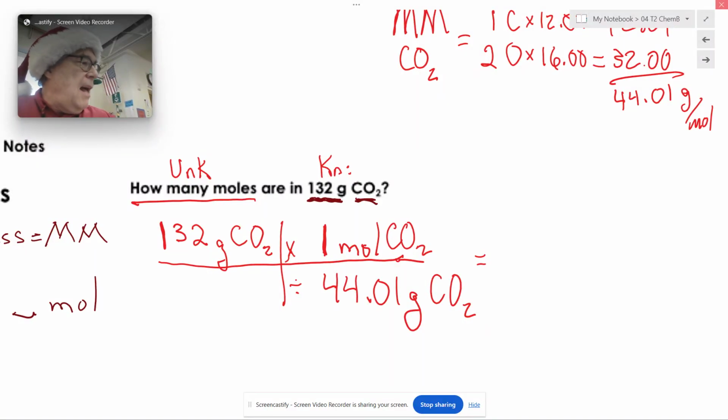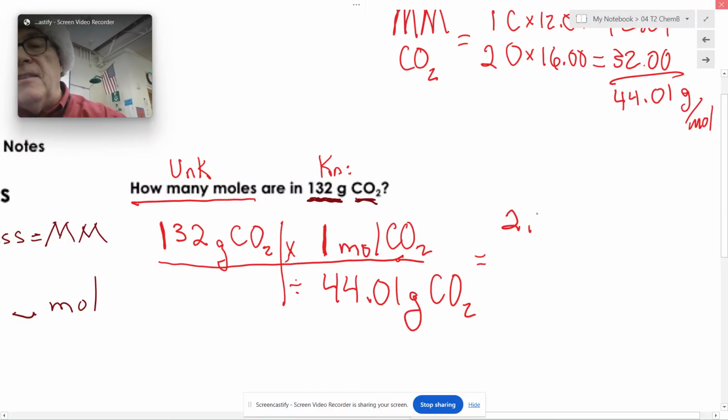So in my calculator, I'm going to push 132. I got to turn the calculator on. I'm going to push 132 times 1, because 1 is upstairs, divided by 44.01, and I am going to get 2.999. That's what my calculator says.